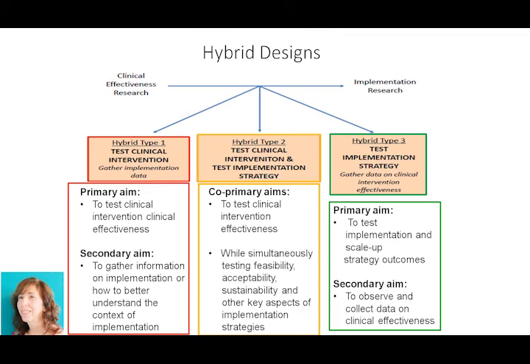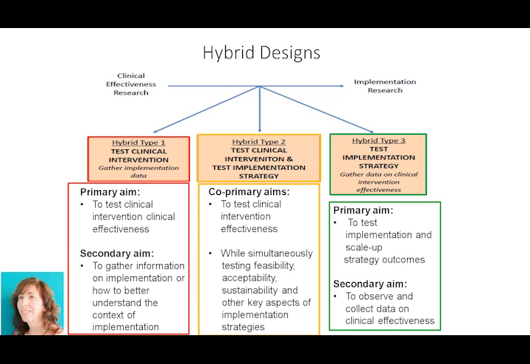A hybrid type 1 is indicated when the evidence of the clinical effectiveness of the intervention remains limited. At the same time, while testing effectiveness, we take advantage of the opportunity to explore implementation issues and plan implementation strategies for the next stage. It's not enough by any means, but we can learn about potential implementation challenges from evaluating the delivery of the intervention during the trial. That's the logic.